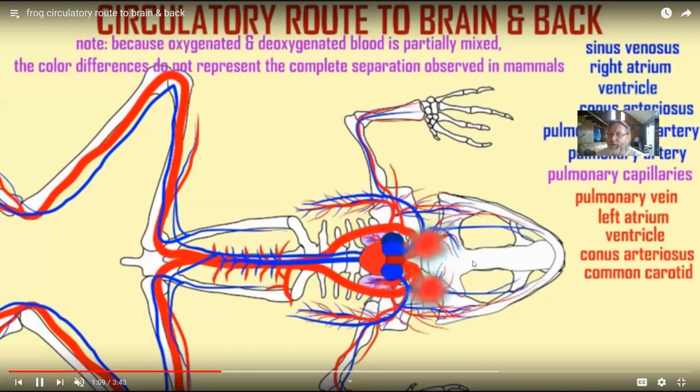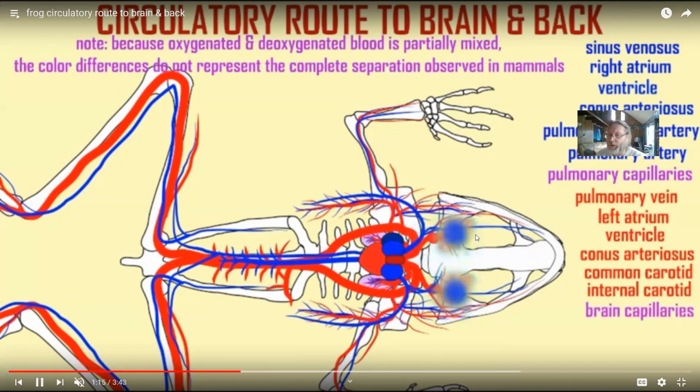And if we were going to send it to the brain and back, we would then go into that third arch, the common carotid. It will then go either to the external carotid to the face, or because we're talking about the brain and back, to the internal carotid, which would go to the brain.